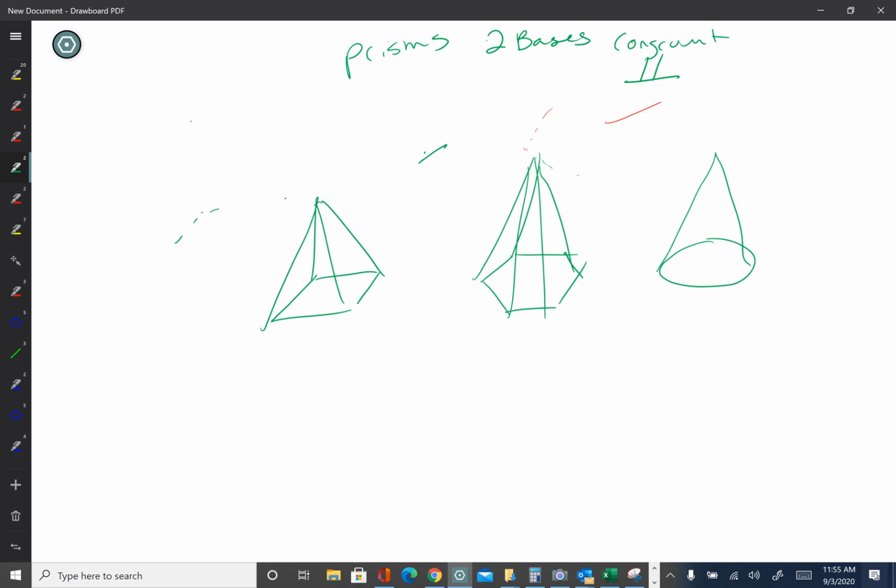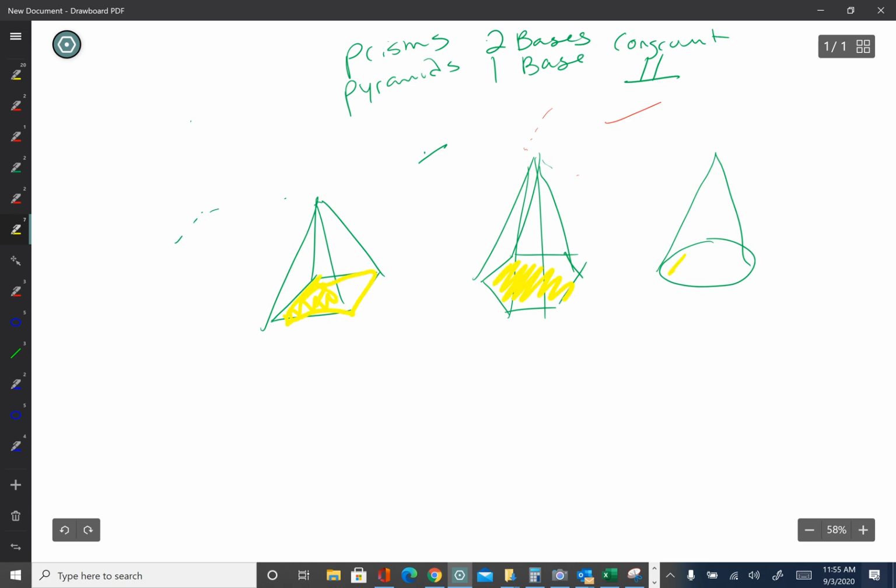What you'll notice is prisms have two bases, but pyramids have one. And they're much easier to identify. This is the base of this pyramid. This is the base of this pyramid. This is the base of the cone, right? So they have one base. Pyramids have one base. Prisms have two bases. Okay? All right. That's some basic understanding.